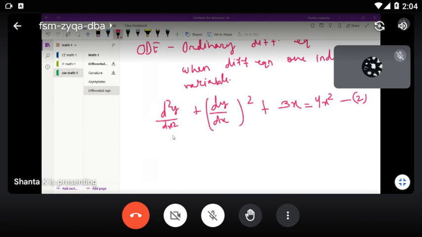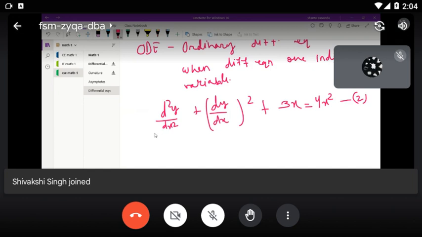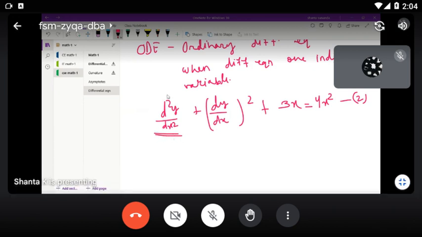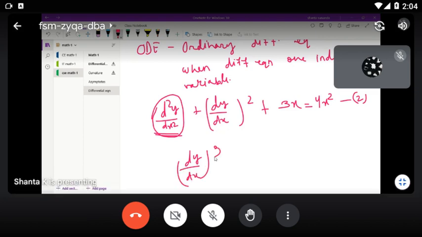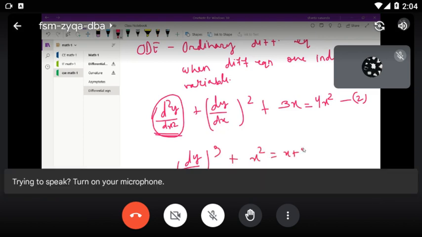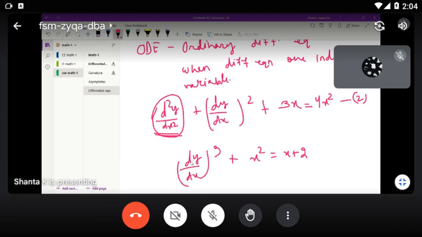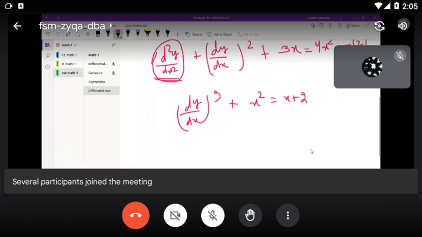So how do we find the degree? The degree means we look at the degree of the highest order derivative. This one is of degree 1. Suppose you have only this term, cubed, plus x square equals x plus 2. Then what will be the order and degree here? Order is 1 and degree is 3.